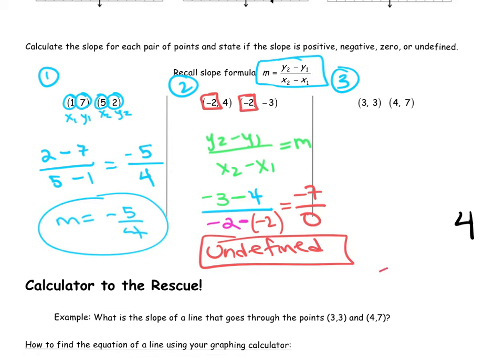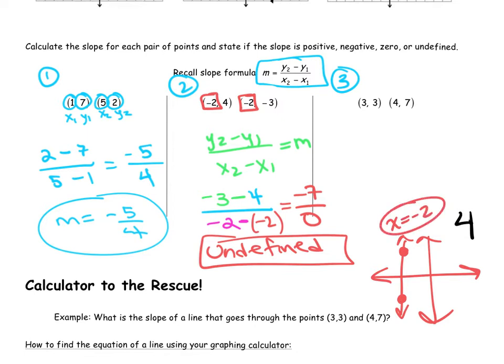So if I have a vertical line on the x and y axes, it's going to look something like this. And both of my x values are negative 2. So if I were to plot the point at negative 2, positive 4, and negative 2, negative 3, well, there's my equation. X equaling negative 2. If I asked you for the equation. But for the slope, we would just say it's undefined.